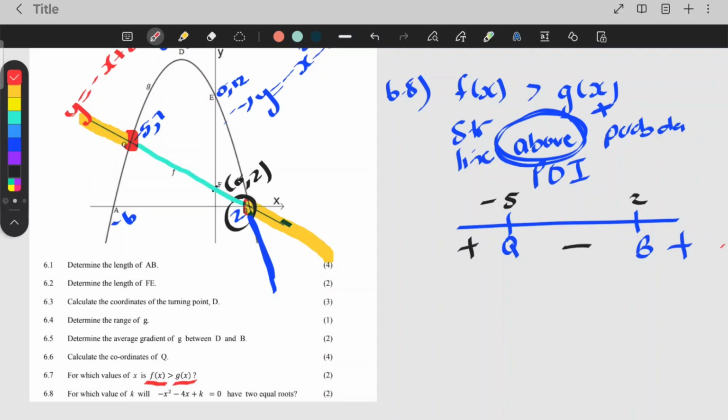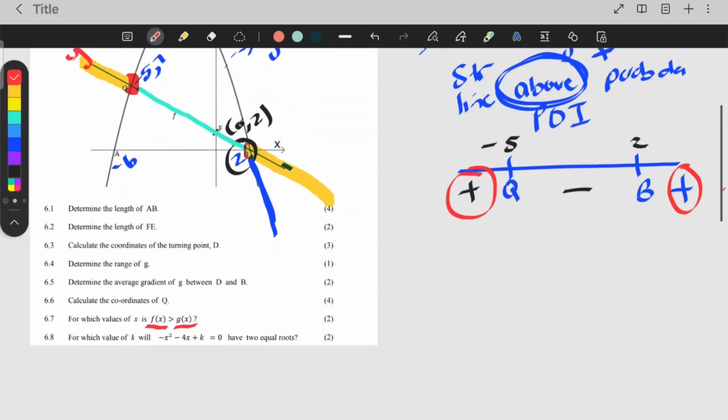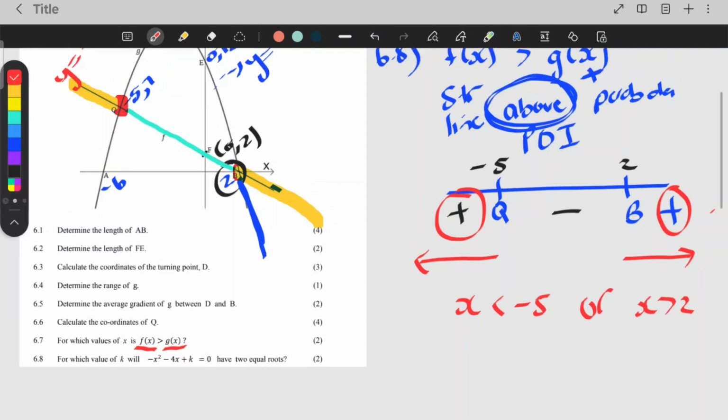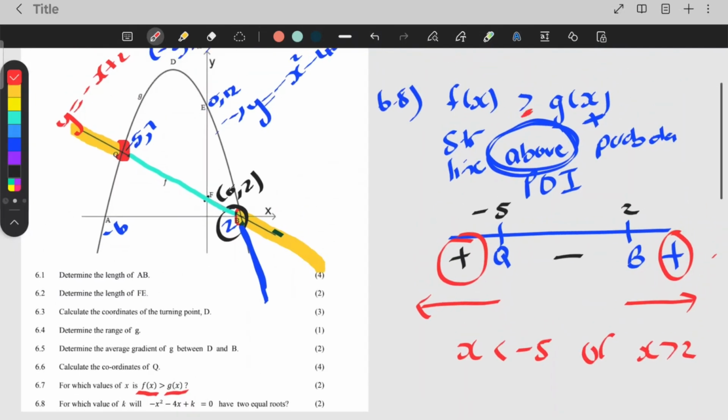So let's circle. It's here and there. So as an inequality, you would write it like this. It's this side of -5 or it's that side of 2. So x is less than -5 or x is greater than 2. And then you ask yourself, was there an equal sign there in your question? Was it greater than or equal to or just greater than?